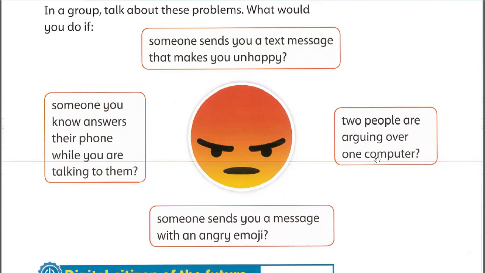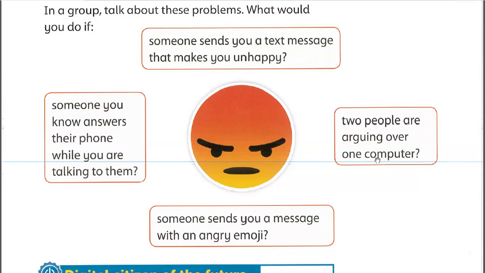Okay, if someone is interrupting and started talking between you and your friend, you should wait. You should wait for him to complete, and then you can talk as well. Okay, you should not start interrupting and shouting and being angry.